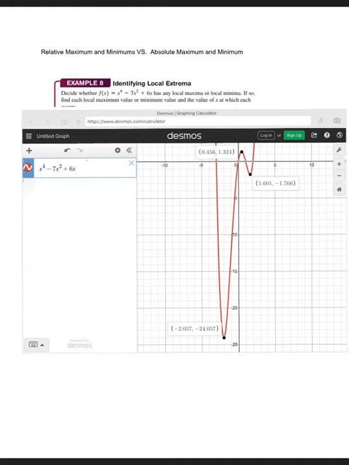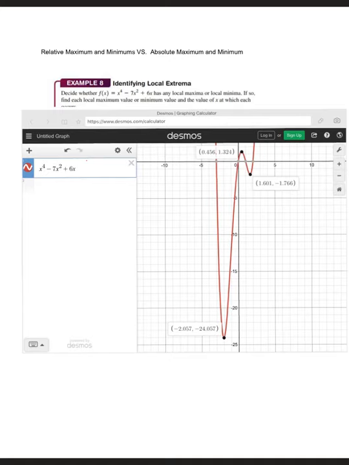Usually you'll have a spot that will ask: what is your absolute max? What is your absolute min? What is your local max? What is your local min? And then you go through.